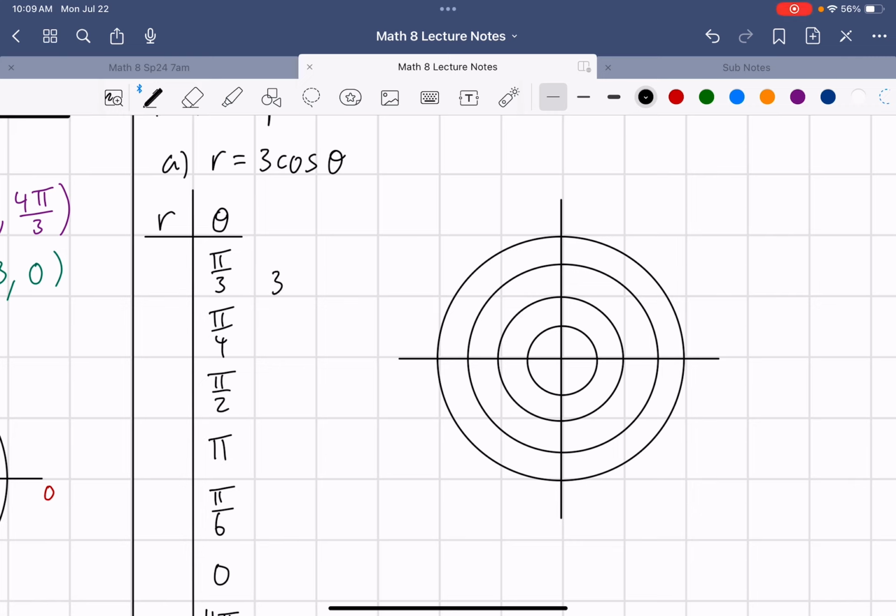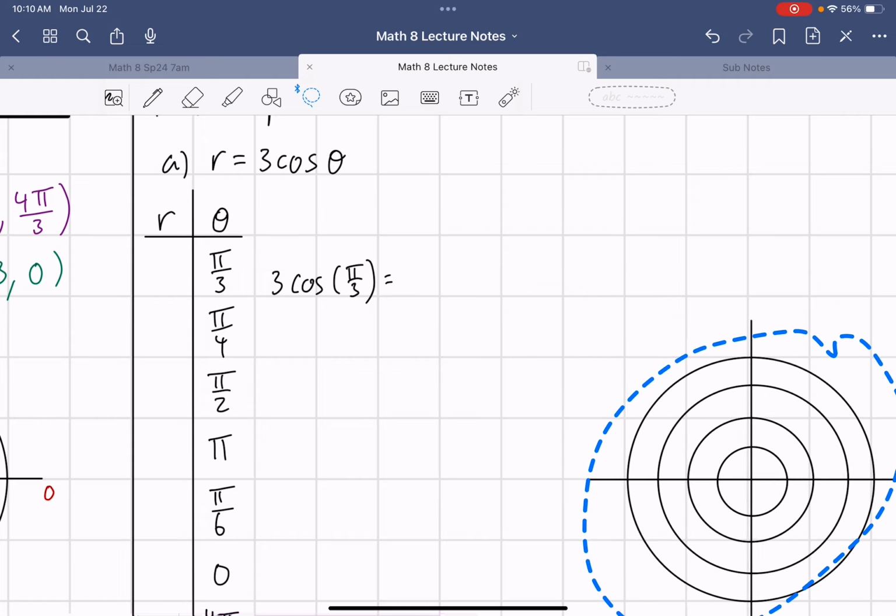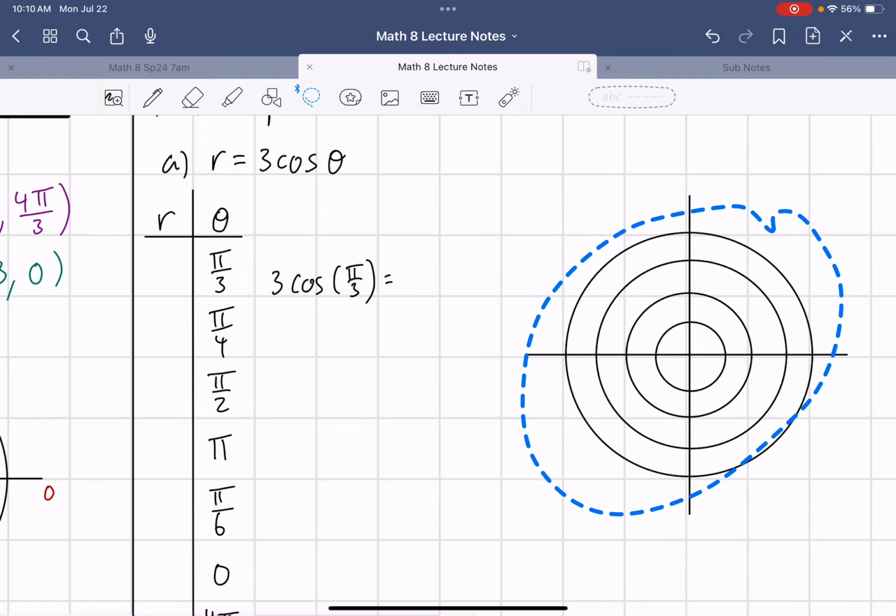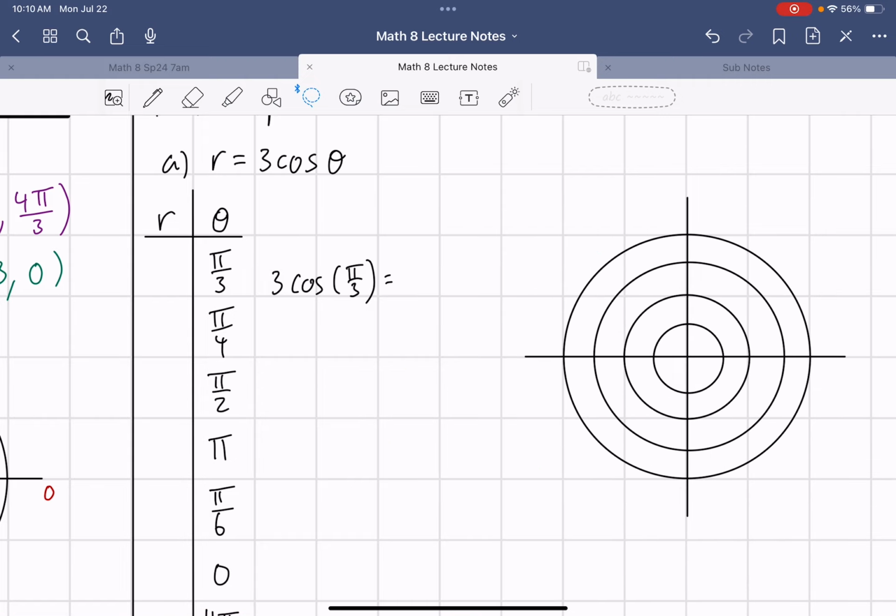So for example, 3 times cosine of pi over 3. Well, luckily, I know cosine of pi over 3, and this is why we spent so much time at the beginning with our unit circle, because hopefully at this point you can get that cosine of pi over 3 is 1/2, and that's going to leave me with 3 over 2.